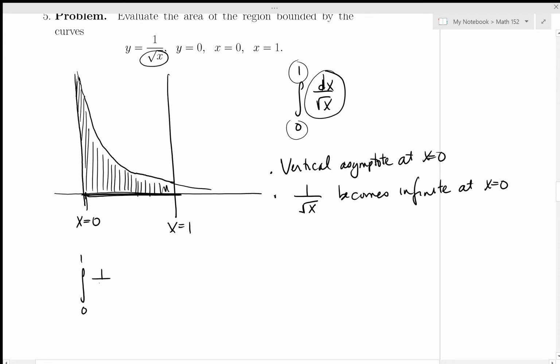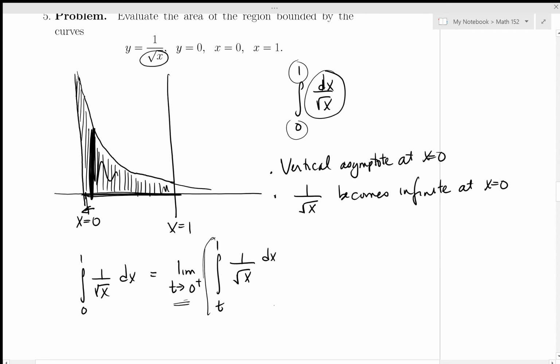So here's our question. We recognize that the problem is at 0, so we're going to take the limit as t approaches 0 from the right. We're thinking of starting here and then moving this way. So we take the limit as t approaches 0 from the right of the integral from t to 1 of 1 over square root x dx. Now that I've put the problem out here, this is just a straightforward integration.